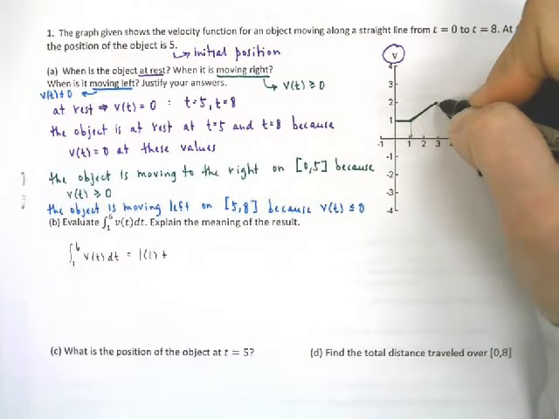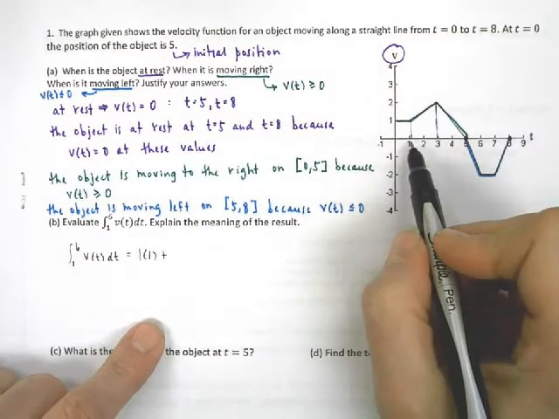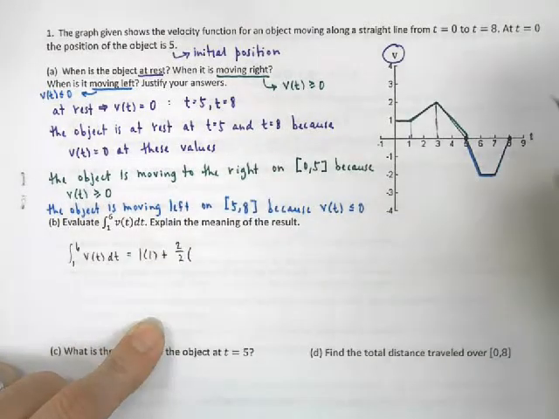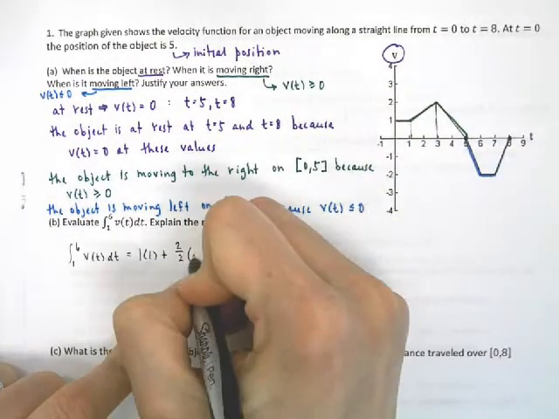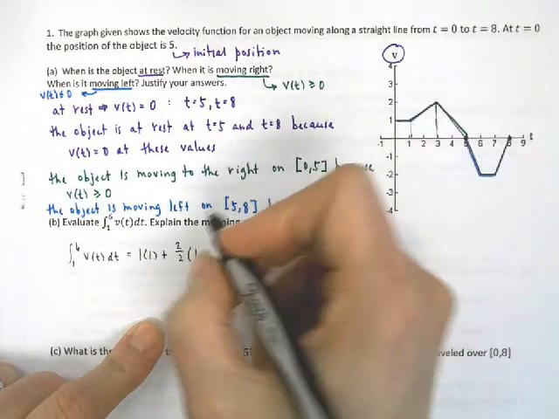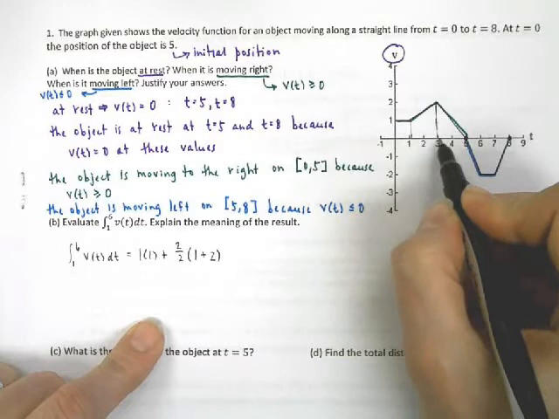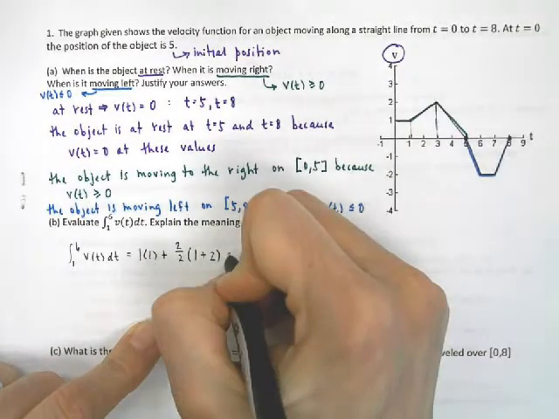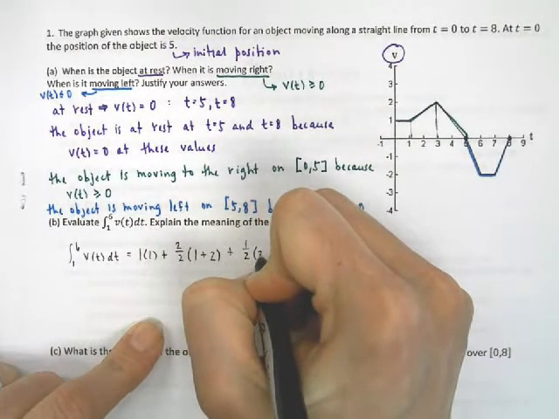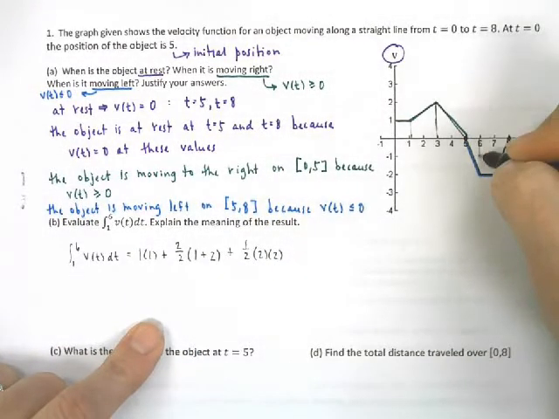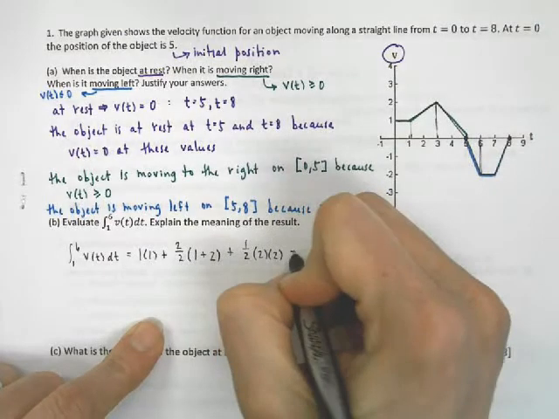plus, it looks like here I'm going to have a trapezoid. That trapezoid's height is 2. So 2 over 2. This height is 1, plus 2. Now I've got a triangle with a base of 2 and a height of 2, so 1/2 times 2 times 2. And then from 6, I'm going to have to subtract this triangle.